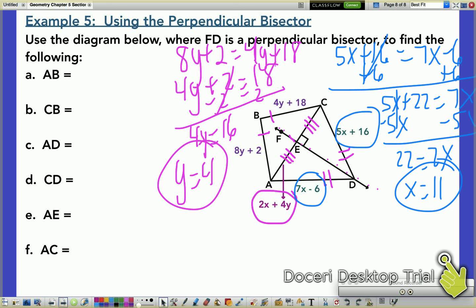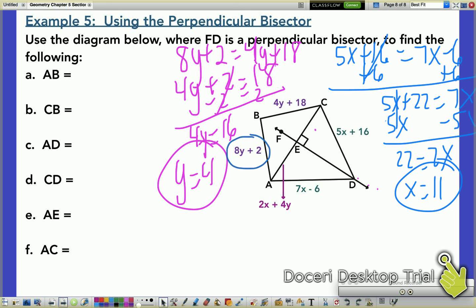Once you have that, you can find everything that you're looking for in this diagram here. So first it wants AB. So here's AB.